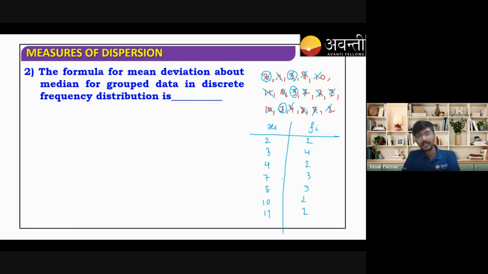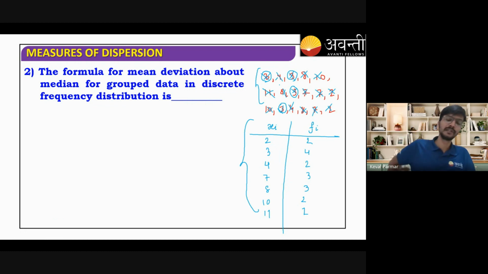Obviously, guys, the grouped frequency distribution looks better than the ungrouped one. It's more systematic, correct? If one of the observations is appearing many times, it is better to convert it to grouped data and then solve.